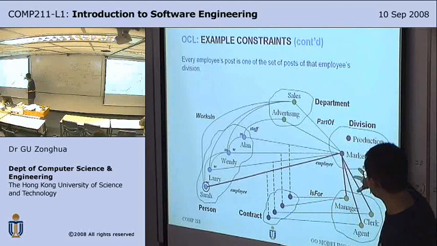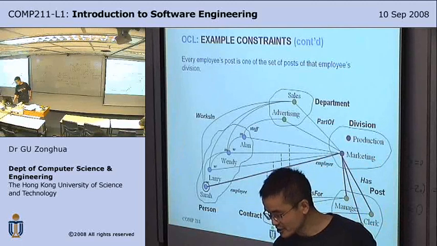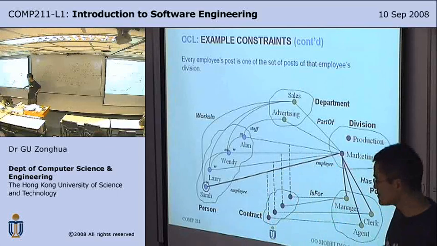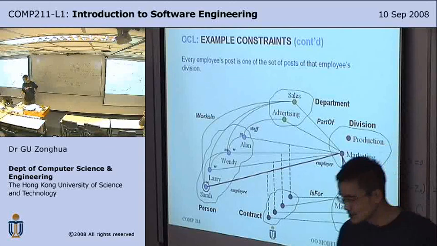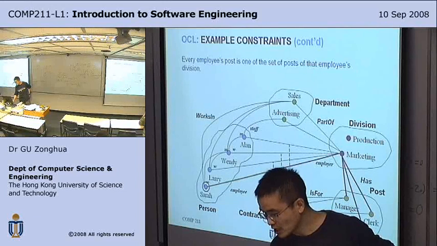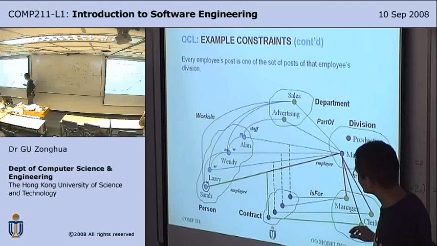So navigate to the division first. Sarah works for marketing. Marketing is her employer, and then from marketing you can see all the posts in marketing. And then you do the other navigation from Sarah to her contract, and contract is for a particular post.